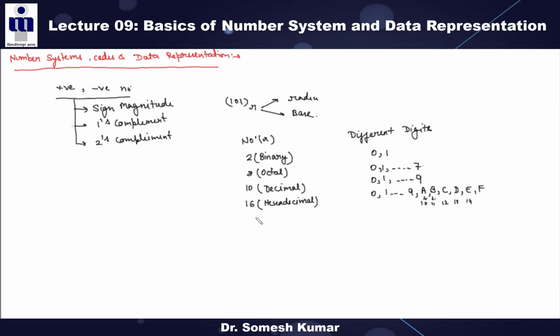If this base is 6, then the possible digits are 0 to 5, right? And so on. If it is 13, then 0 to 9, then A, B, C. This is the representation of these bases, right?